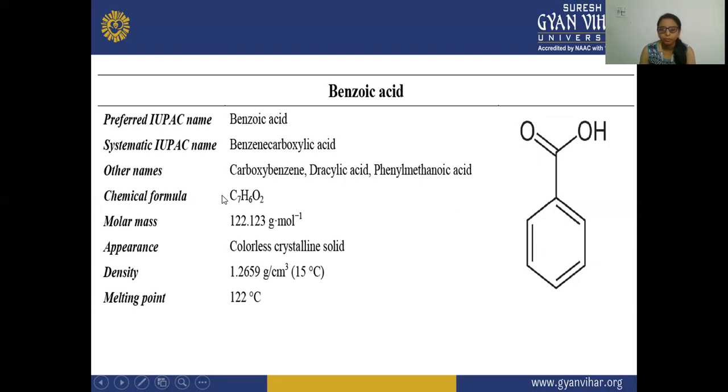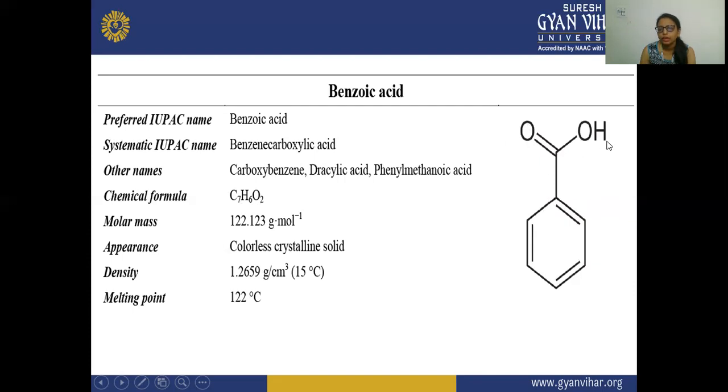Next, your chemical formula. So the chemical formula is C7H6O2, because this benzene ring has six carbon, and this is the seventh carbon, which is the carbonyl carbon. So this is the 6, 7, and the hydrogen is six because one hydrogen is replaced by this carbonyl group.